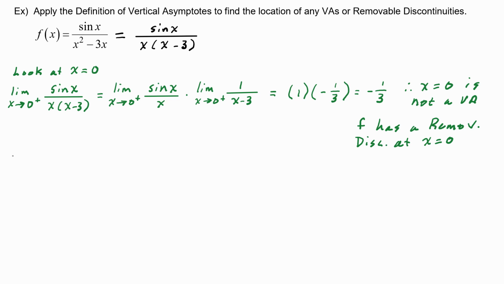Now we also need to look at x equals 3, because that was the other place that made the denominator 0.